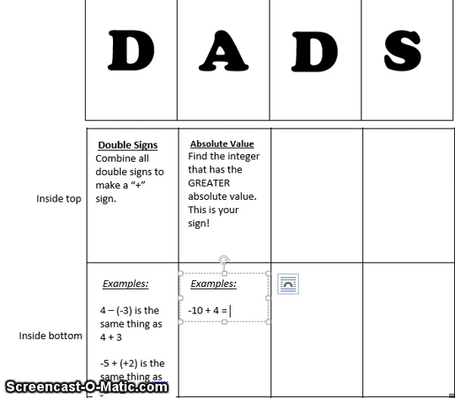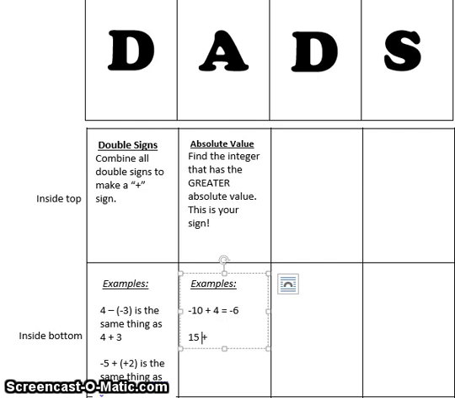So the one that has the greater absolute value is negative 10. This means that when we combine those two integers, the sign of our answer is going to be a negative sign. So here we have negative 10 and 4 positives, and when we combine those, we end up with negative 6.